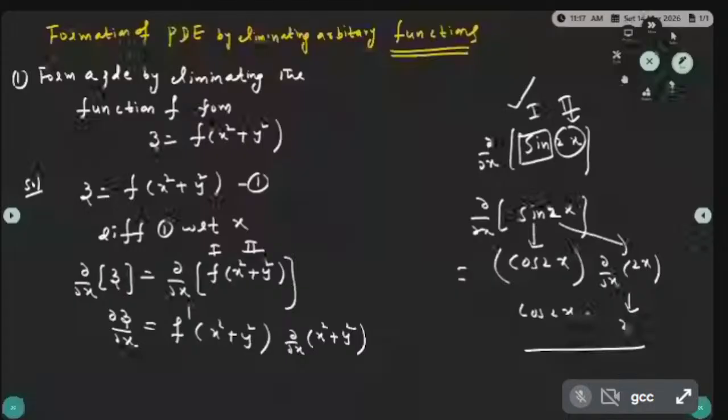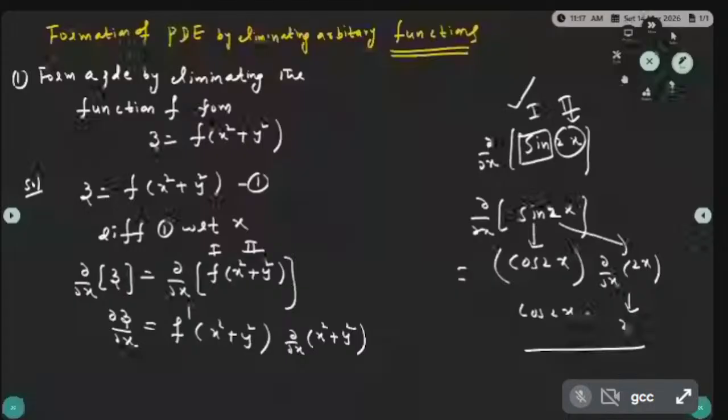Now, differentiate one, dear students, with respect to y. Can you please tell me the steps? I will write here. If you differentiate this with respect to y, tell me. Dou z by dou y equals dou by dou y of f of x square plus y square, this is q.